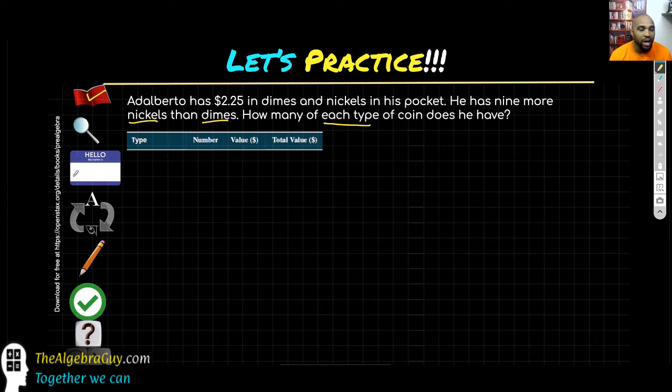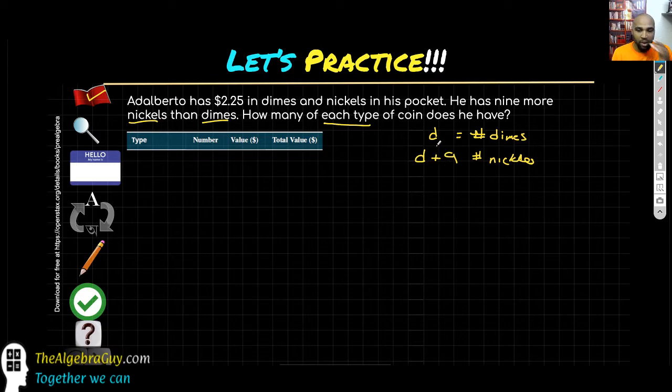Let's go ahead and identify or name the variable that we are looking for. So let's see. He has 9 more nickels than dimes. Let's start out with defining what dimes are. So we're going to say the number of dimes will be represented with a D, and it says they have 9 more nickels than dimes, so we're going to let the number of nickels be represented by D plus 9.